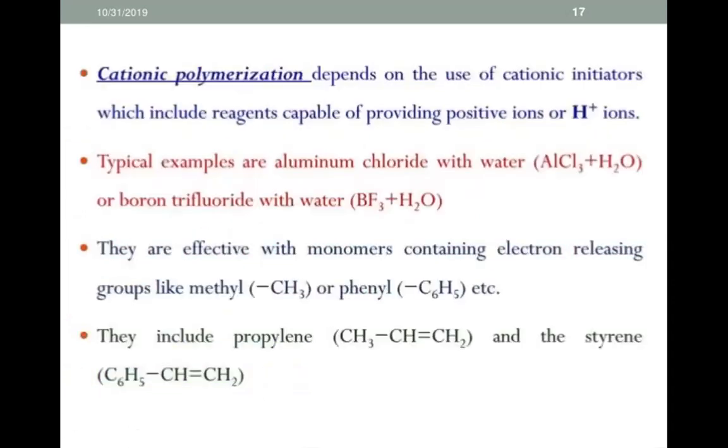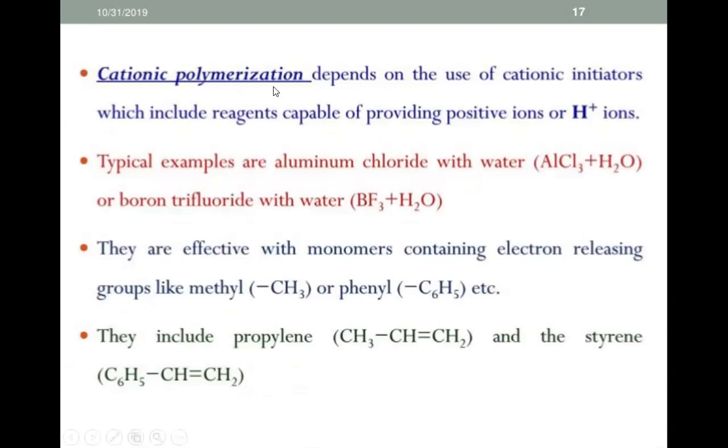Coming to the first one, that is cationic polymerization. Cations are positively charged species, or positively ionic species.